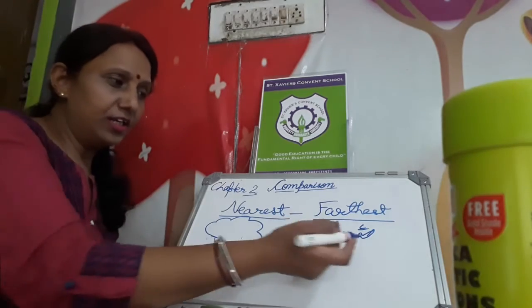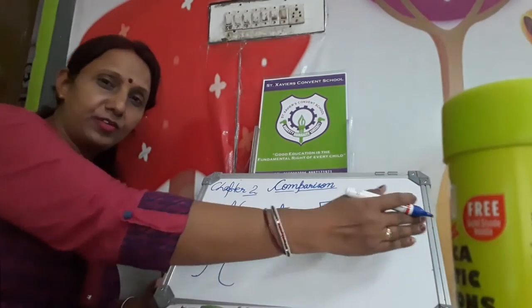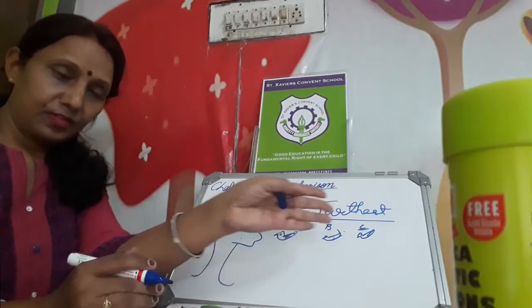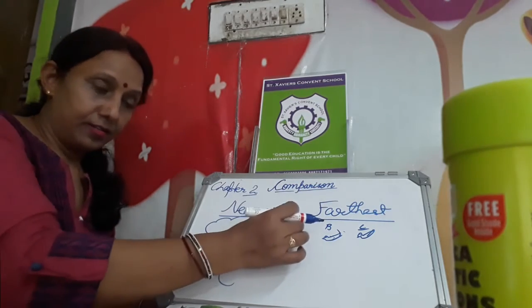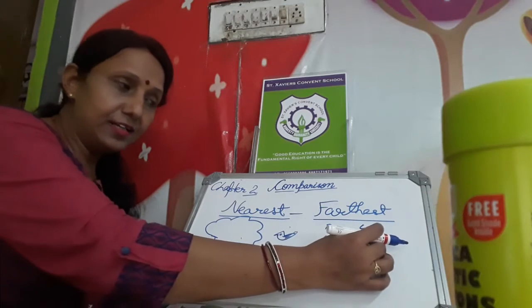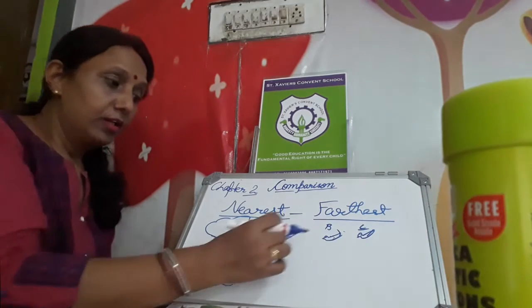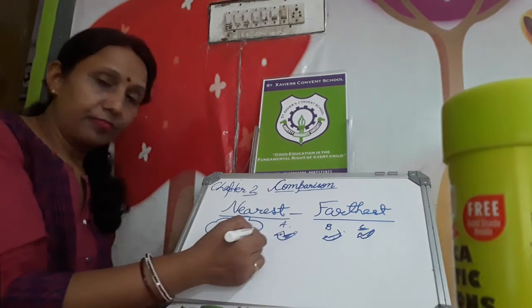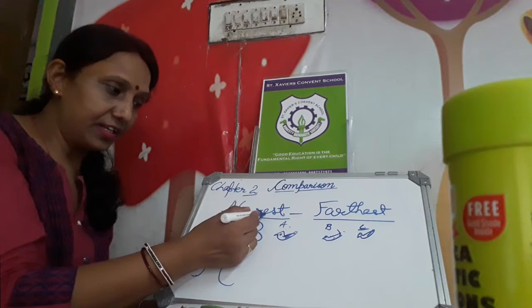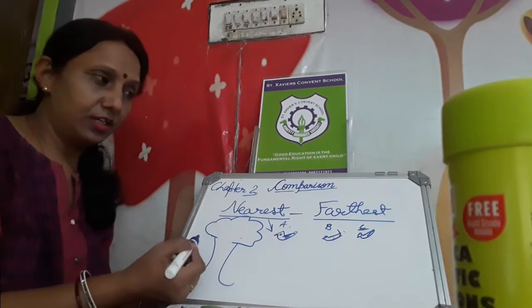It has more distance. So less distance is the near one, more distance is the farther one. So the less distance is bird A, so this one is the nearest to the tree.